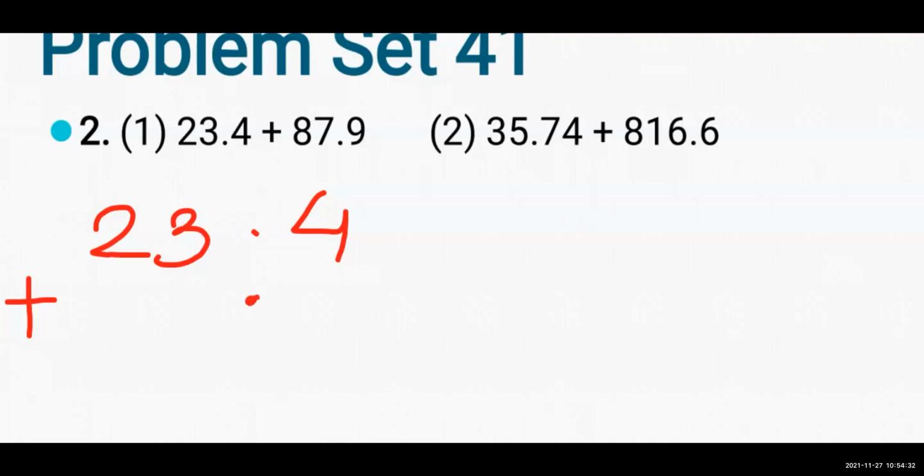Before the point, which number is given? Yes, 87. No, Pradyuman, 9 is after the point. 87. So we'll write from the left side only, 7 and then 8. Clear how you are going to write? Numbers के नीचे ही numbers. Point के नीचे ही point.